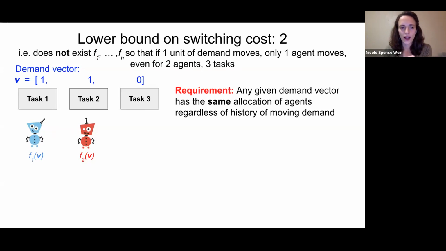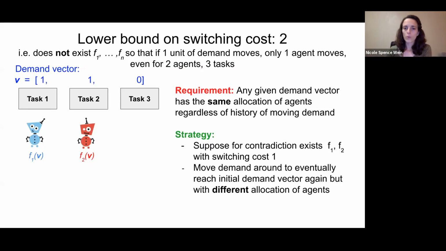Okay, so in order to show this lower bound that you can't achieve switching cost 1, what we're going to do is assume for contradiction that there exist a pair of functions, F1, F2, that achieve switching cost 1. Then we're going to start with a demand vector, move around some demand, and eventually reach this initial demand vector again.